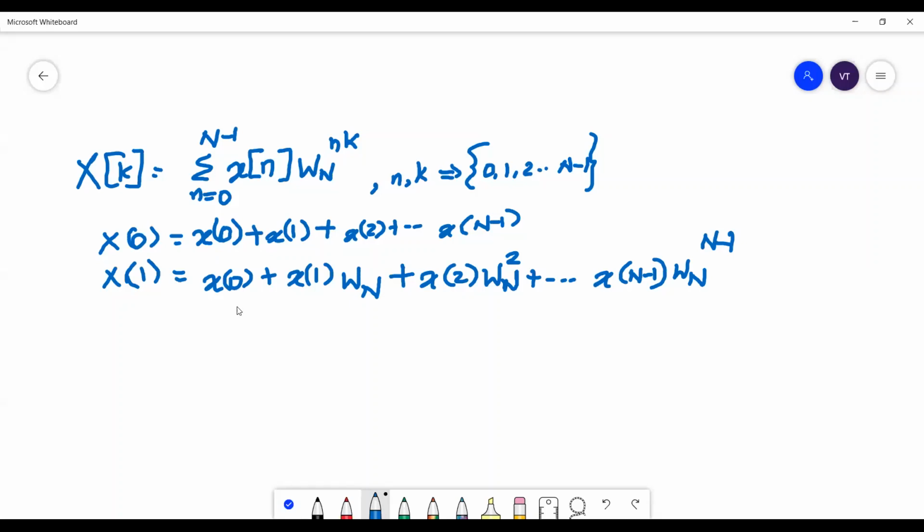Likewise, I can write the expression for X of 2.